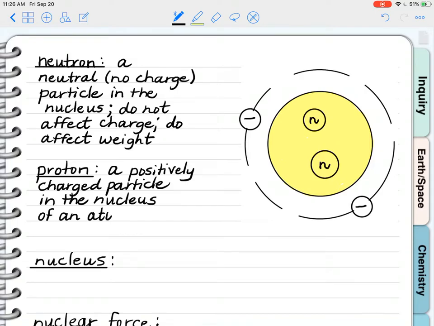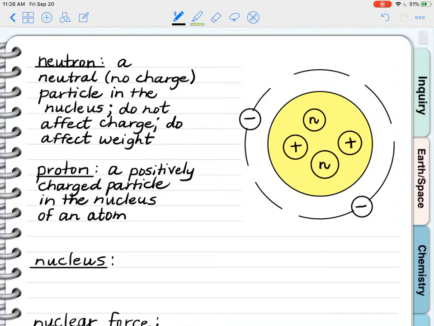And so let's draw in 2 protons in the nucleus. So I'm going to put one here. Let me get my snap to, I'm going to put one there and one there. And those do need to be the same size. So here's a plus and here's a plus, 2 protons.